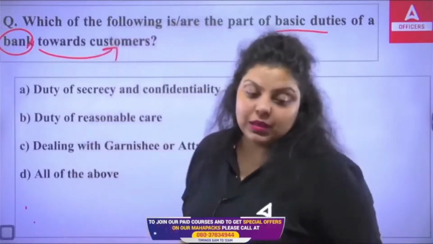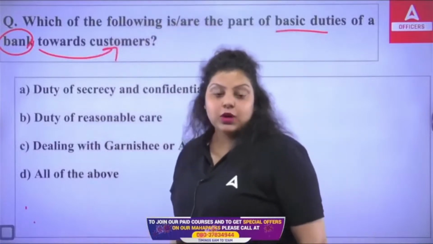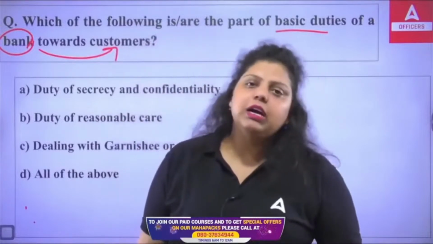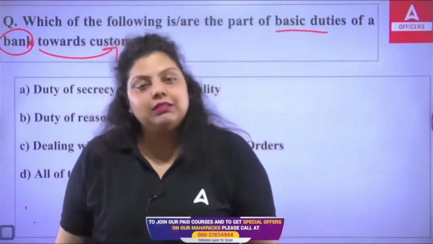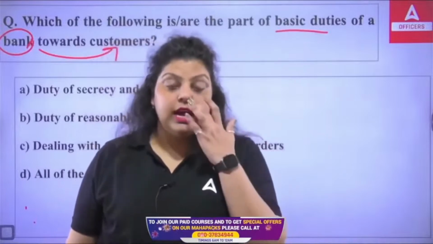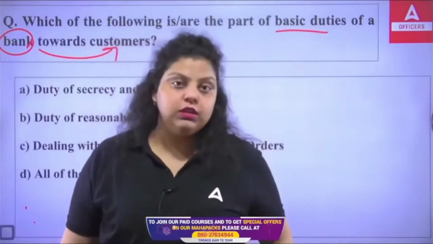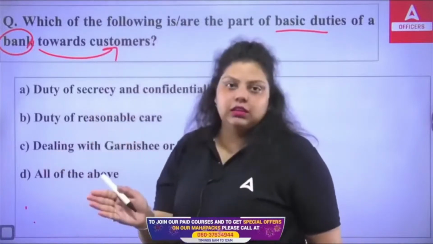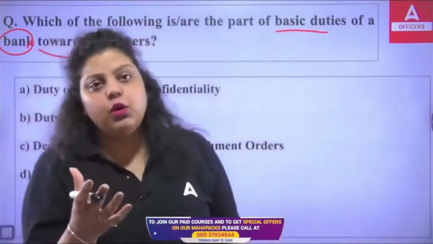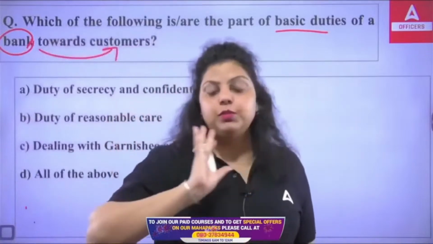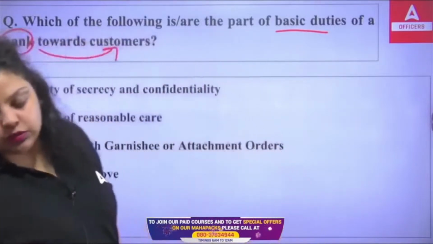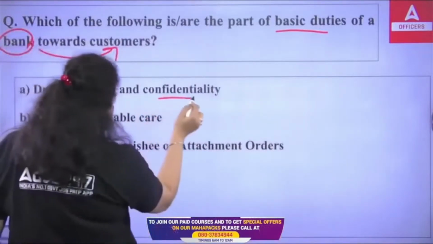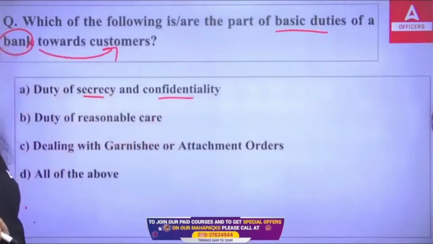Let's say, for example, a certain case came up against your customer and the government or the police department or the CBI or income tax officers are asking for details about the customer. In that situation, you have to share the information of the customer. So certain exceptional cases are there, in case of legal formalities, you have to share the information about the customer, otherwise no. So this is actually the duty of a bank of secrecy and confidentiality about customer information.